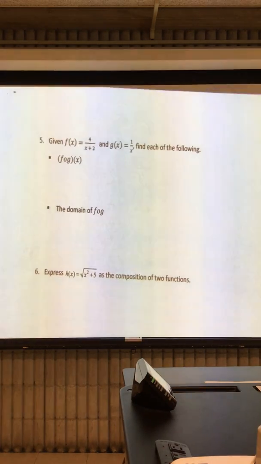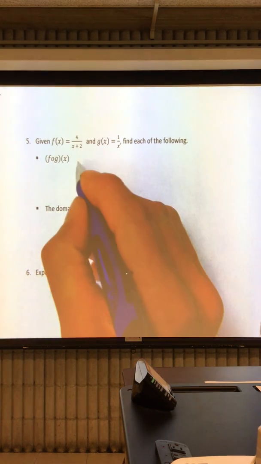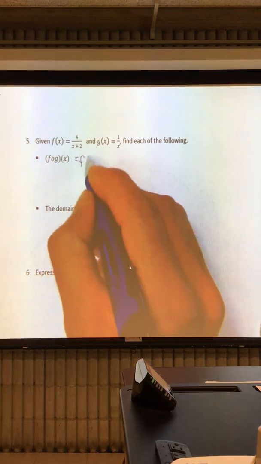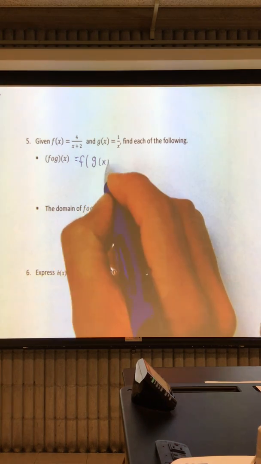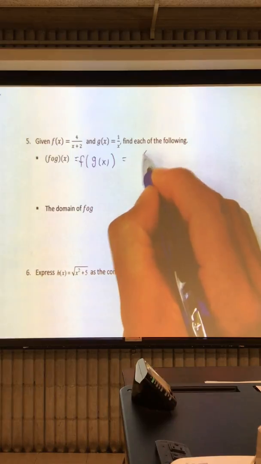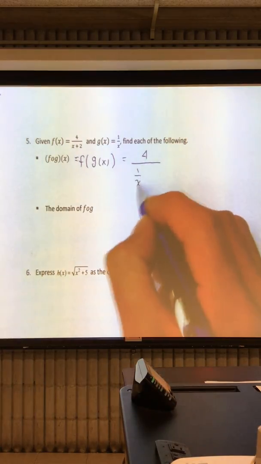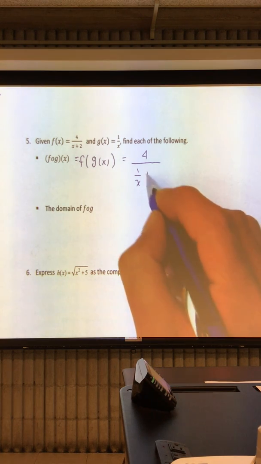Problem 5. Let's compose the functions f of g. So putting the g function inside the f function, we will have 4 divided by x, where x is now the g of x function, plus 2.